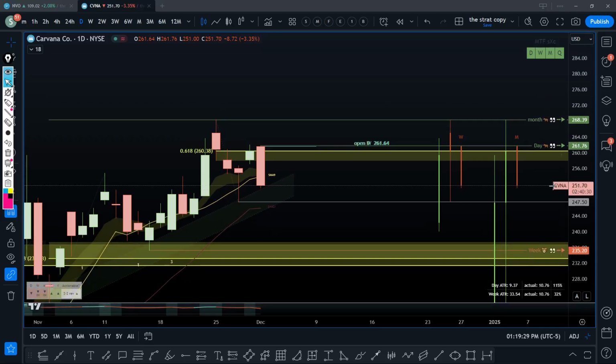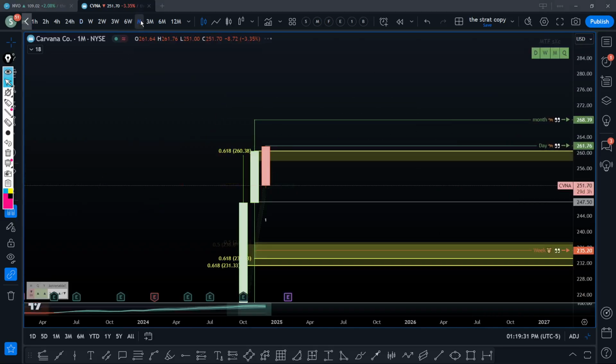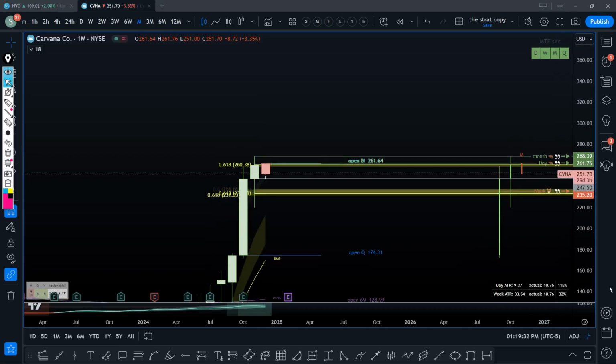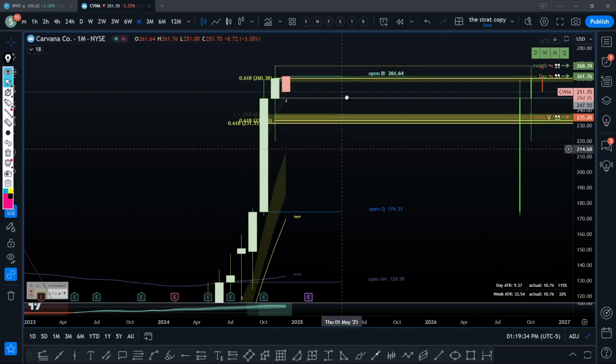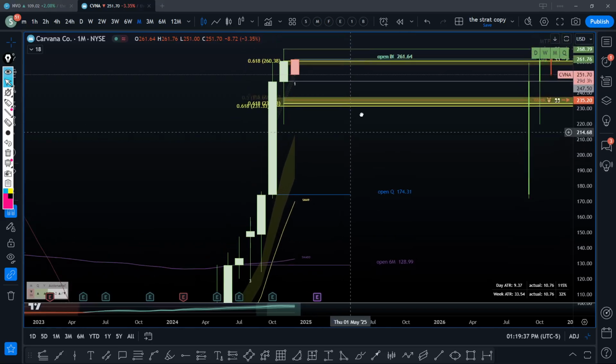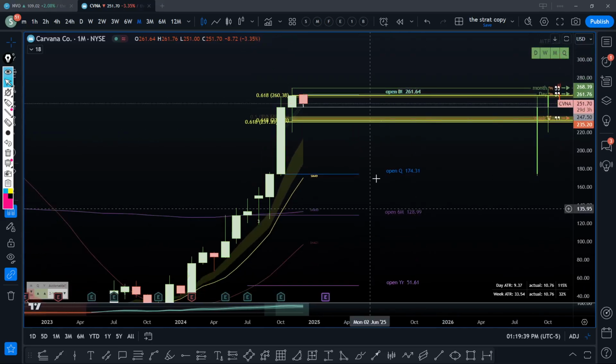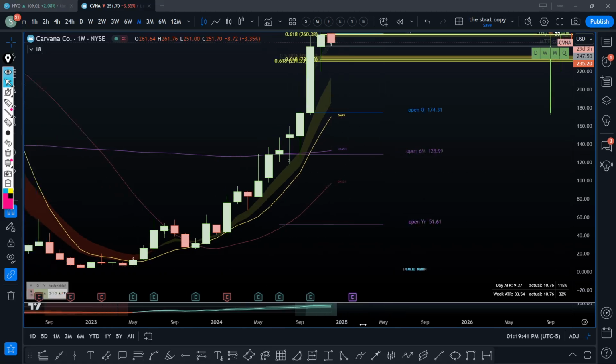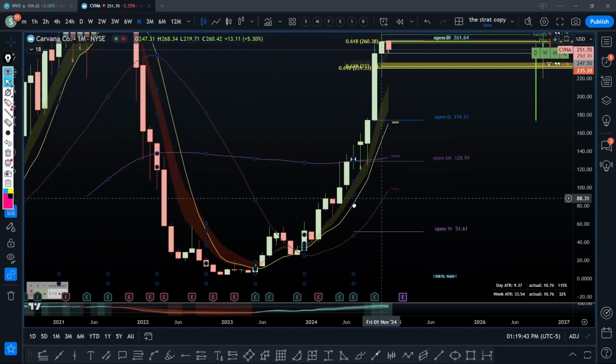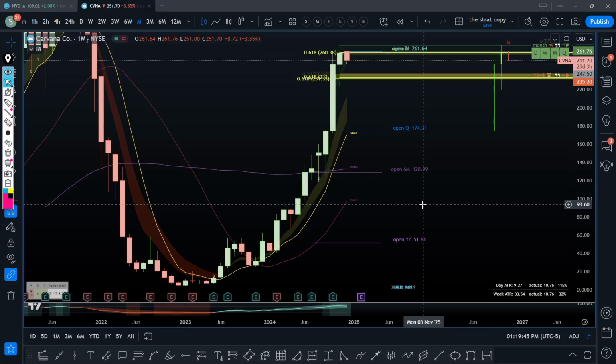Again, Carvana has been very bullish for the last couple of months, and so you could just be seeing people taking some profit. As you can see, it's just been, what do you call it? What's the term for when something goes up extremely fast?